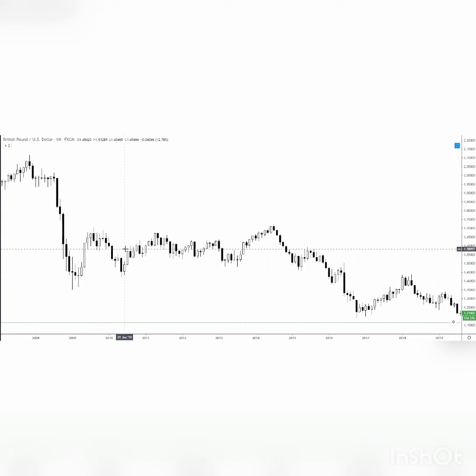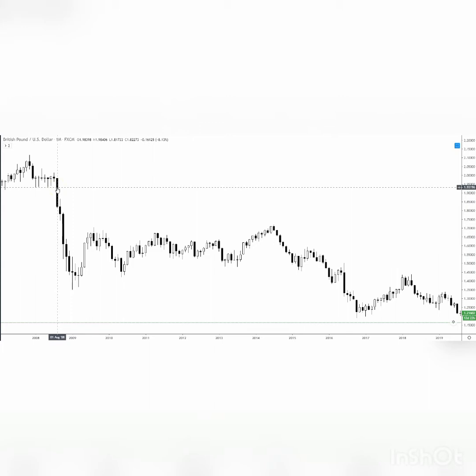So, for example, this chart here that I'm looking at, sorry that I didn't even mention what we're looking at, is the British pound against the American dollar on the monthly time frame. Each candlestick here represents what's happened during that trading session: where price has opened, closed, and how high and how low it went during that particular time.